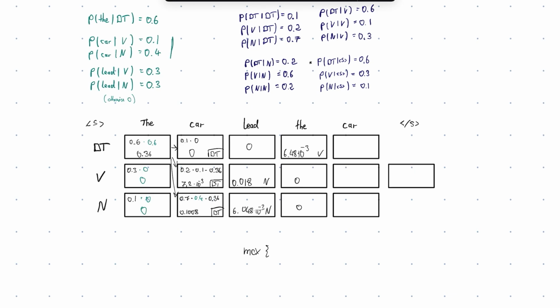And then for the last sequence, it's a bit more convenient because now we only have one situation where we can come from, that is the determiner state. So we check the likelihood of being in the determiner state, coming from the determiner state and emitting car in the determiner state, times the probability that we are there. That's it, because this doesn't exist and this doesn't exist.